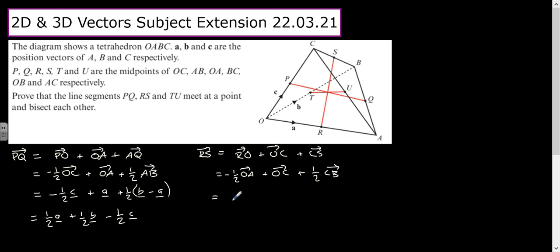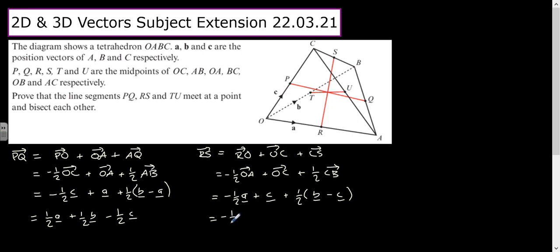Let's write that in terms of our little a's, b's, and c's. We've got minus 1/2 a plus c, and then CB: how do we get from C to B? Backwards along c, forwards along b. So we're going to have plus half of (b minus c). Okay.